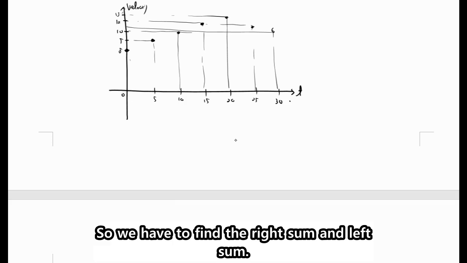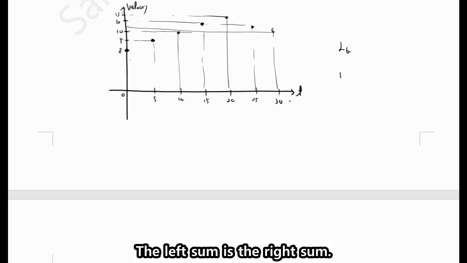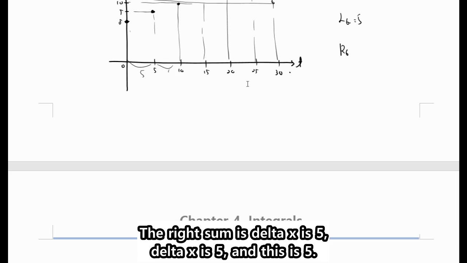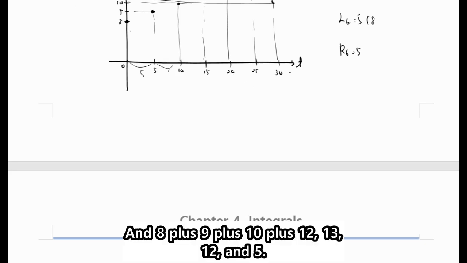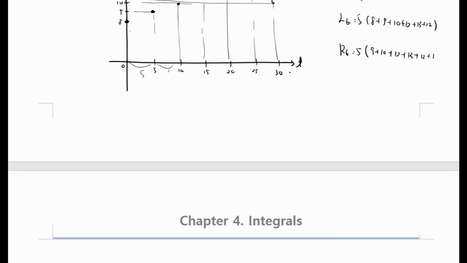So we have to find the right sum and the left sum. Delta x is 5, so the sum is 5 times 8 plus 9 plus 10 plus 12, 13, 12, and the other is 5 times 9 plus 10 plus 12, 13, 12, 11.